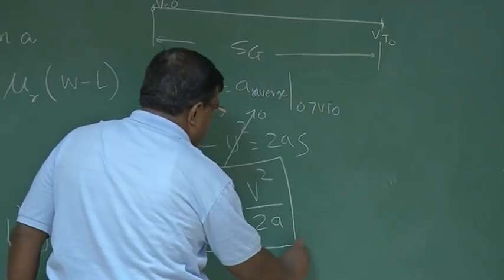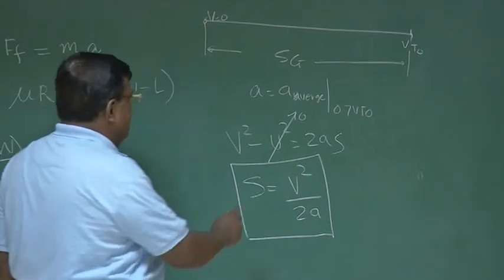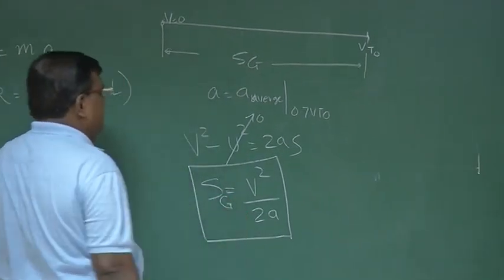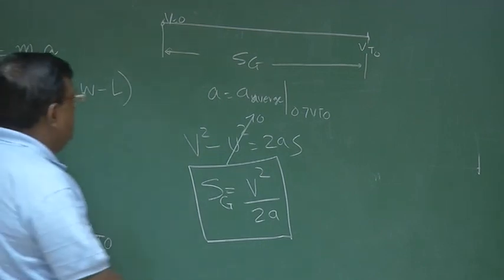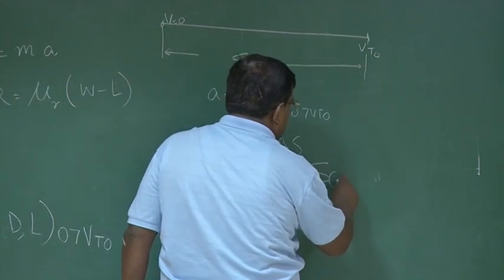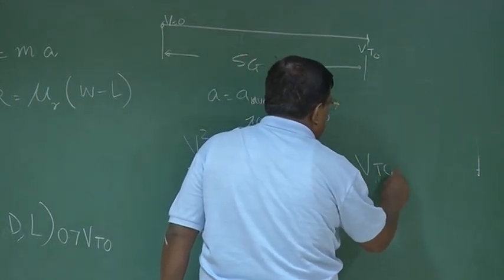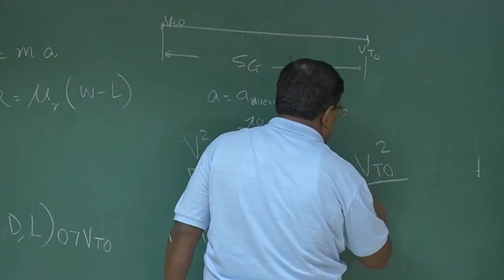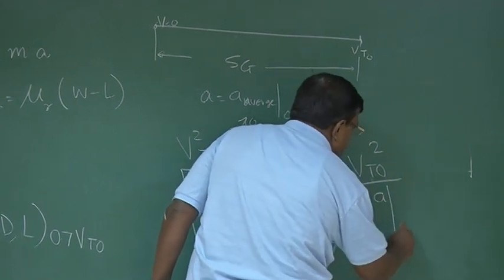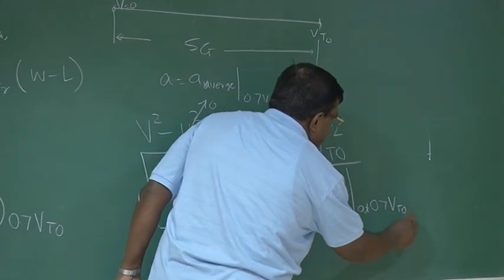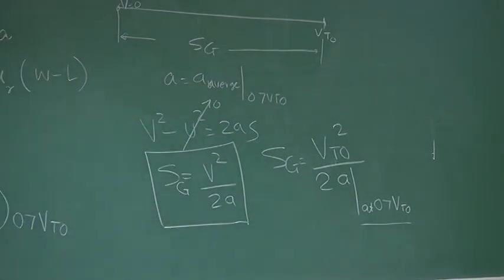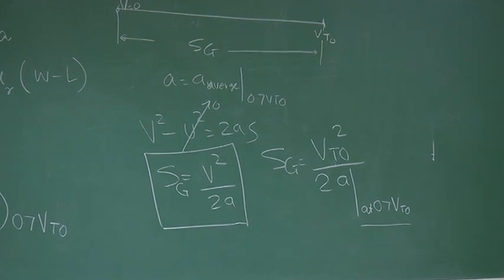So I know s equal to v square by 2a, and that is nothing but my SG. To be more precise, SG I can write as V takeoff square by 2a evaluated at 0.7 V takeoff. Very simple. You see how good it is if your concepts are a little bit clear in class 6th, 7th or 8th, right?